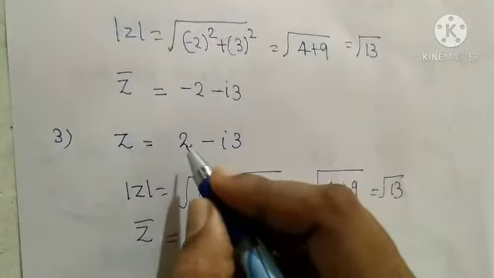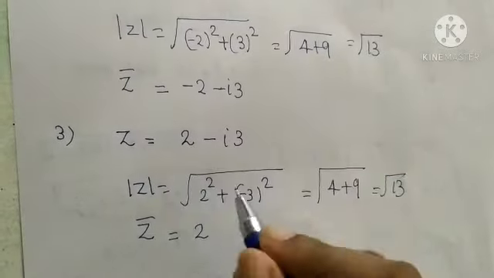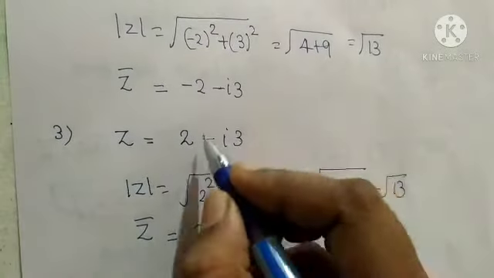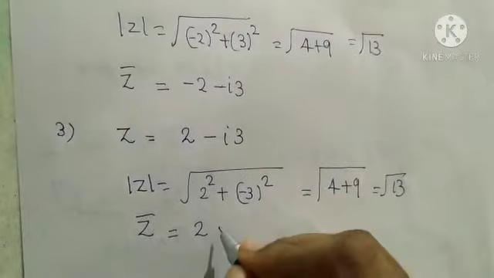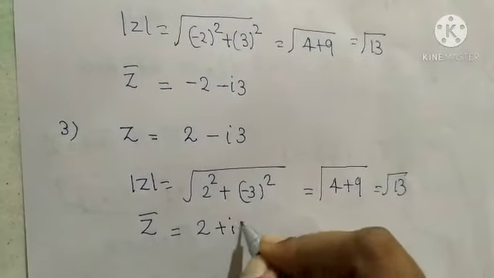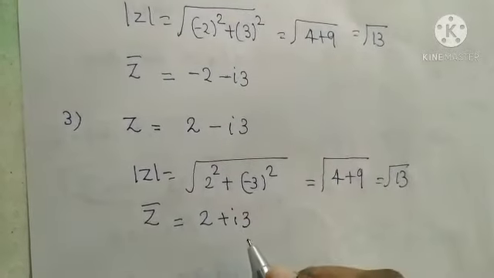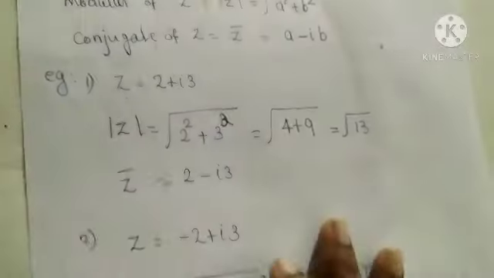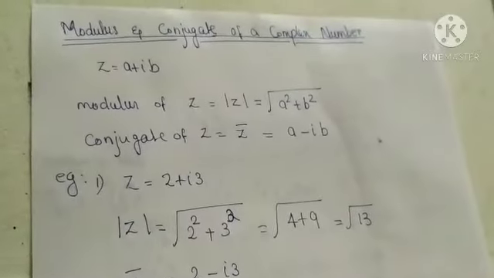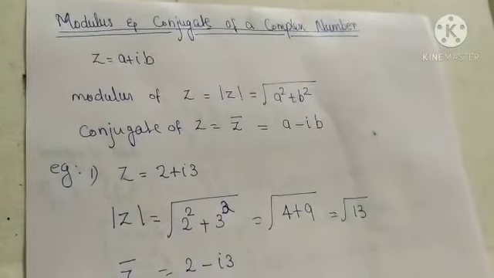I am writing this real part without changing its sign, and here the imaginary part is minus 3i, so change the sign, so it will become positive 3i. So this is our z bar. Okay, I hope you are clear on the concept of modulus and conjugate of a complex number.